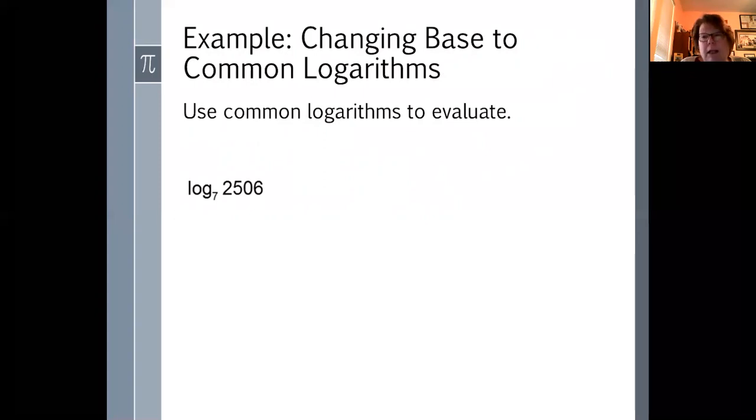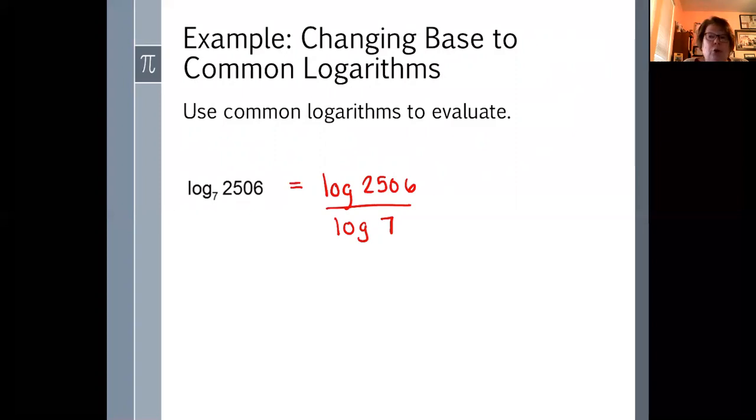This is not going to be an integer. You're going to find a decimal approximation to this value. So to use the change of base formula, we take the common log of 2,506 and we divide it by the log of 7. And whatever decimal approximation you get there, that would be the log base 7 of 2,506.